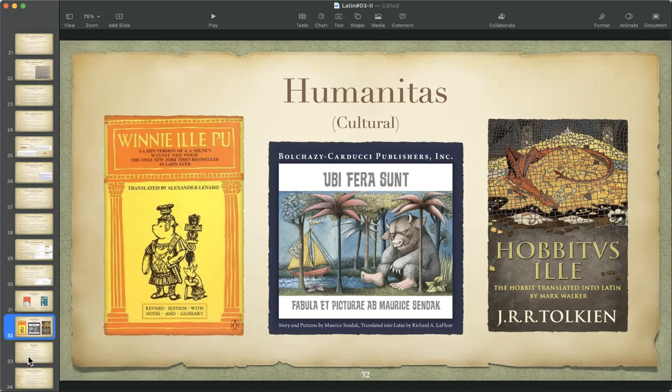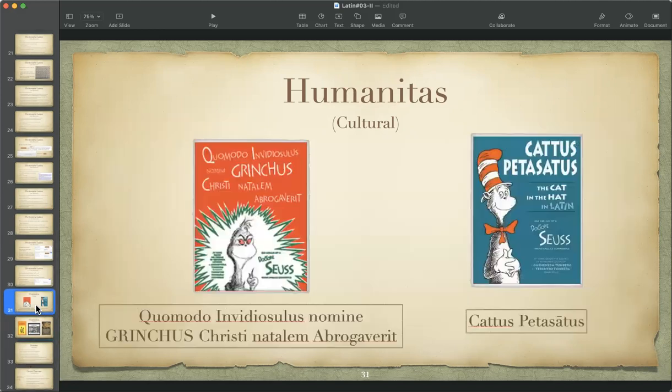Also, are these accurate? No, these are accurate. Yes, this particular one was done by, let's see, what's his name? Tunberg. Yeah, these were both done by Tunberg, and he's an excellent Latin scholar.